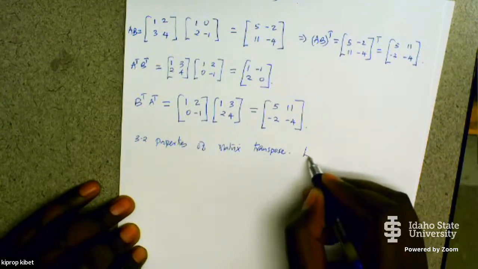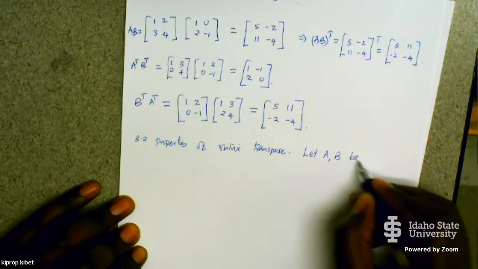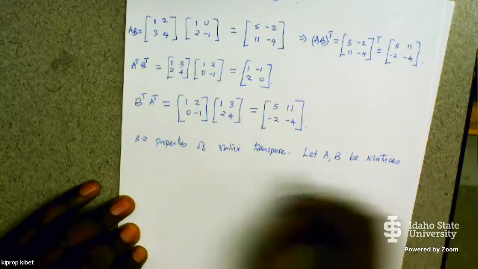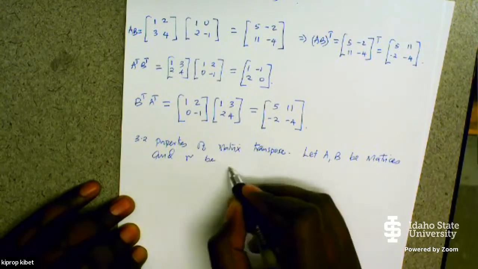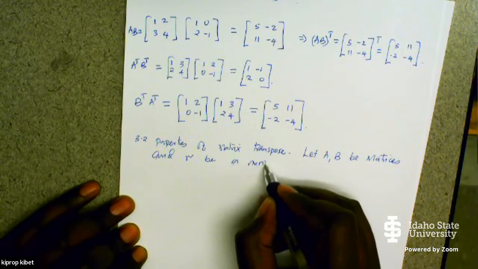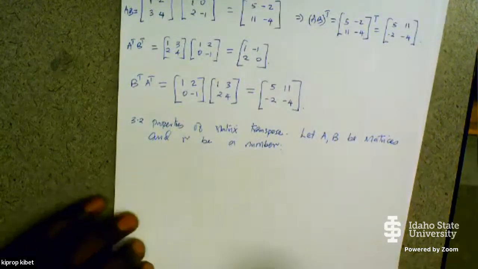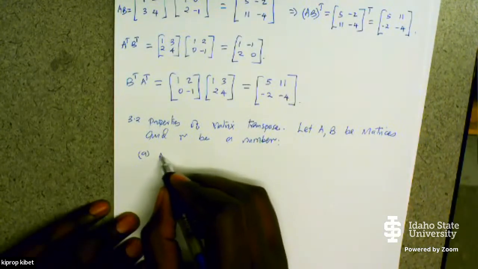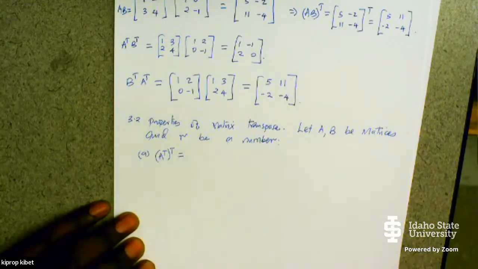Whereby if we let A and B be matrices and R be a number, then number A: A transpose, when you transpose this one again, what do you get?